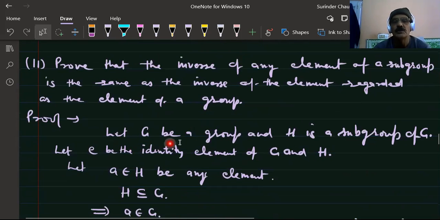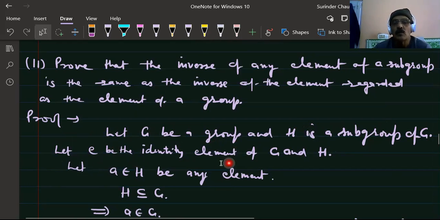So let G be a group. When I say G is a group, it means all four axioms are true. For the subgroup H, a subset of G, all four axioms also hold true: closure, associative, identity, and inverse element exist. We proved in the first property that E is the identity element of the group.